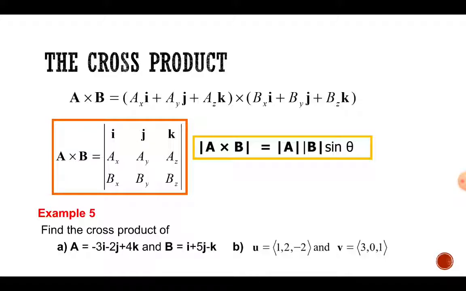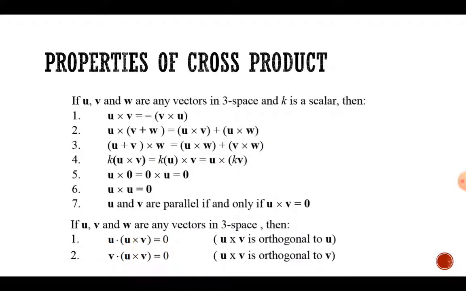Where the cross product ni, kalau tadi the dot product kita multiply two vectors together and we get a scalar value, only a number. Tapi this cross product will give us a vector. Dia akan result in a vector as well. So kita akan dapat vector balik.